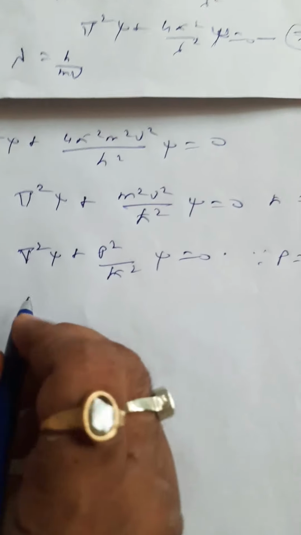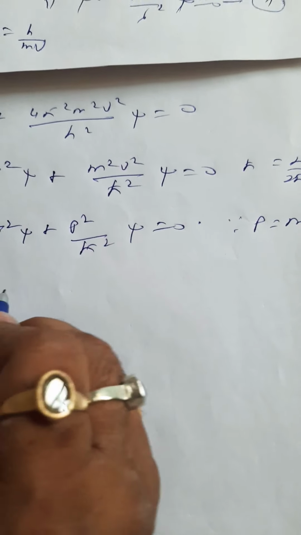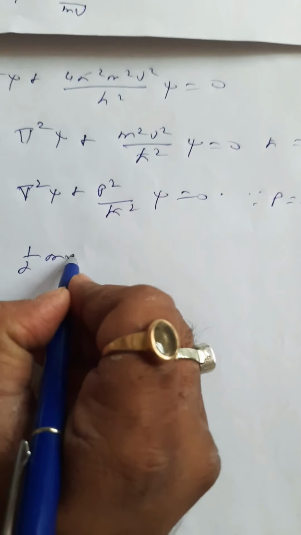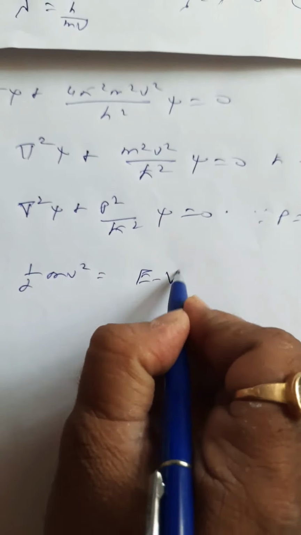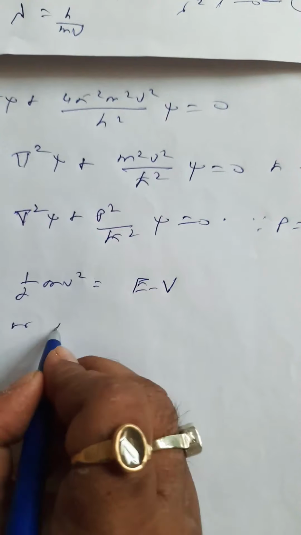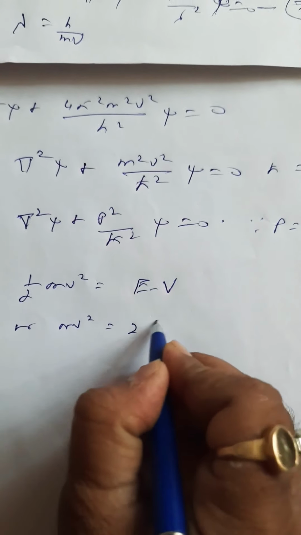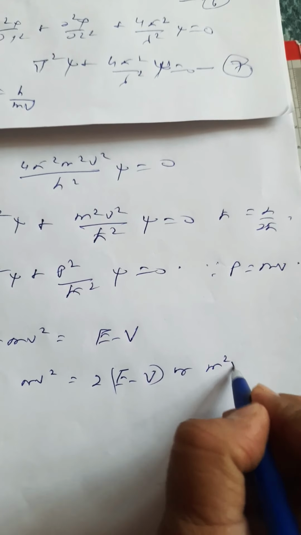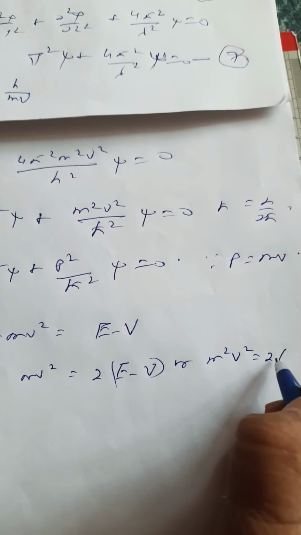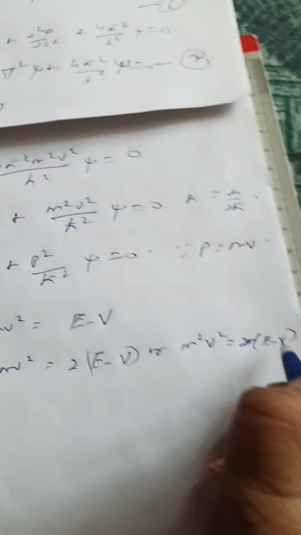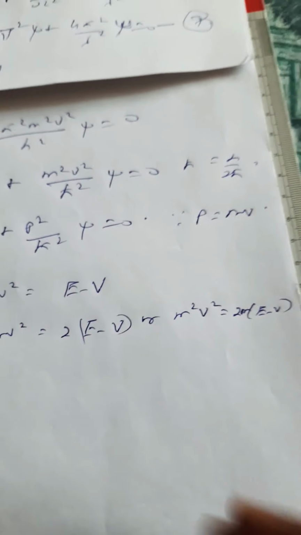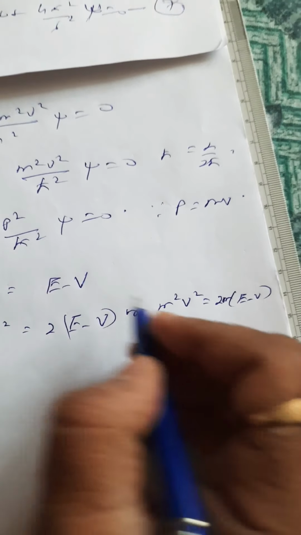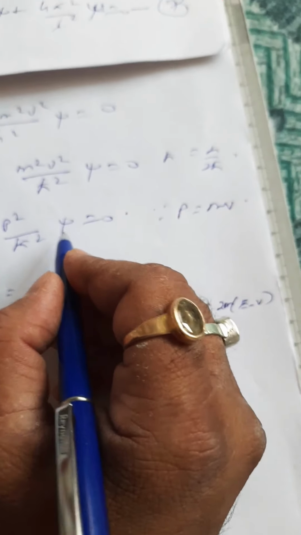Now the kinetic energy of the particle in terms of the total energy E and the potential energy V can be written as half mv square is equal to capital E minus V, or mv square is equal to 2 into E minus V, or m square v square is equal to 2m into E minus V. Okay, so substituting this, we have one more equation here.